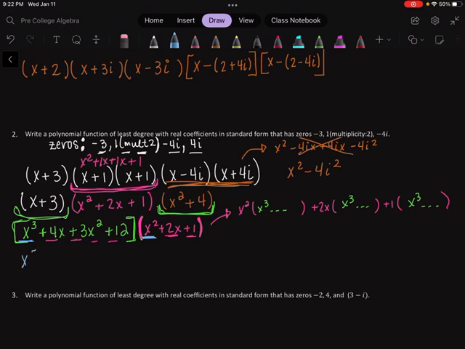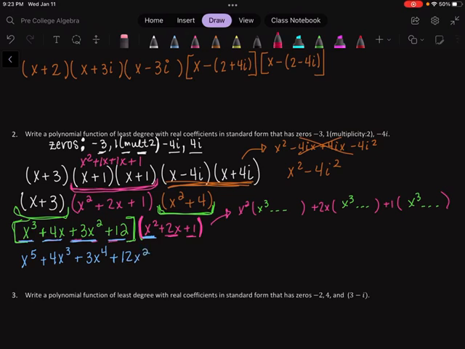That is x to the fifth. So awesome, I already know that my degree is in line with how many zeros I have. Then x squared times 4x is positive 4x to the third. X squared times positive 3x squared is positive 3x to the fourth. X squared times 12 is positive 12x squared.